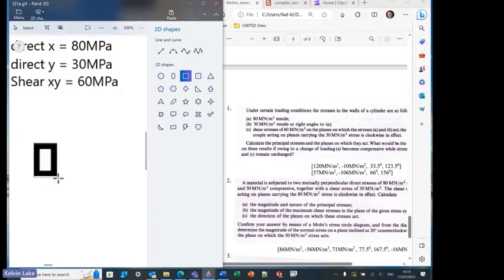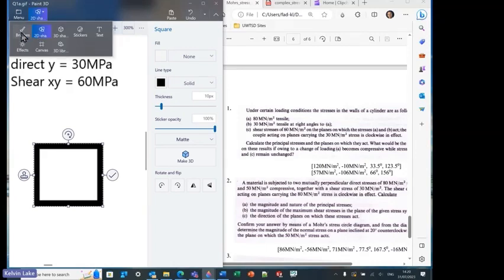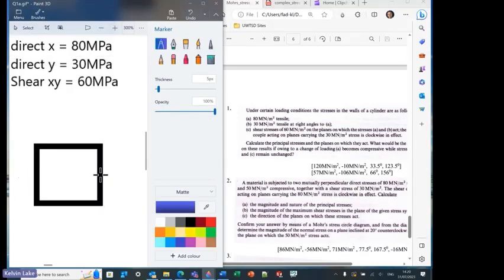If we draw our element, there's our element, and we have assumed that we've got a direct stress in this direction of 80 megapascals. I'll draw all of my stresses in megapascals. So we've got 80 megapascals in that direction. We've got 80 megapascals in that direction.